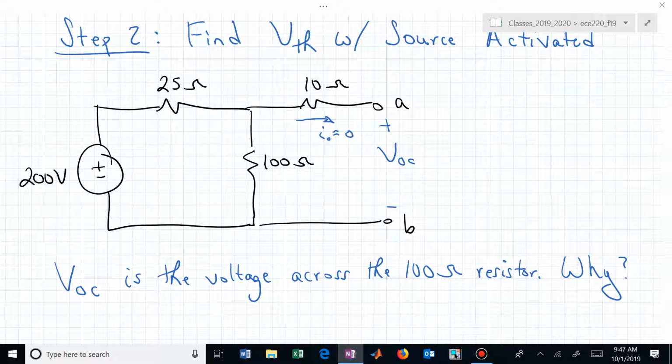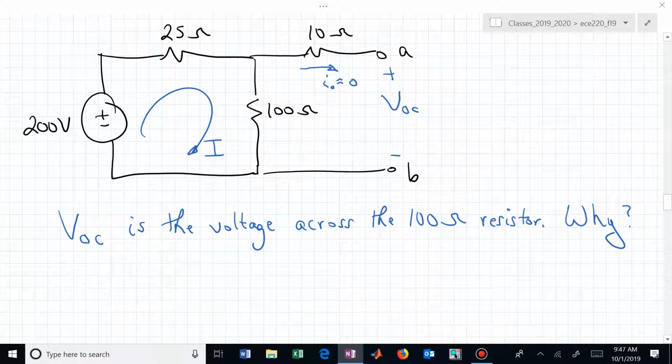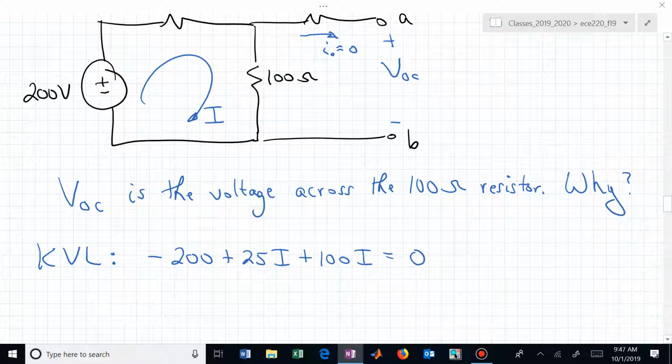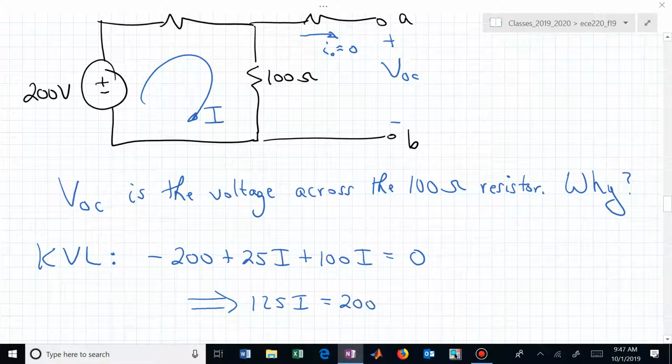If that's the case, now we can apply KVL over here. Let's say that's capital I. Now we have minus 200 plus 25I plus 100I is equal to 0, or we now have 125I equaling 200.